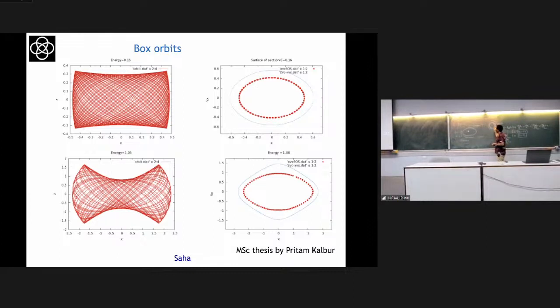We are going around the circle with frequency omega, because it's a circular orbit. But because now there is an oscillation frequency in the radial direction, it will not come to the same location. It will go to a different location and continue. So this has a thickness, and it basically fills up a space. It's almost like a tube.